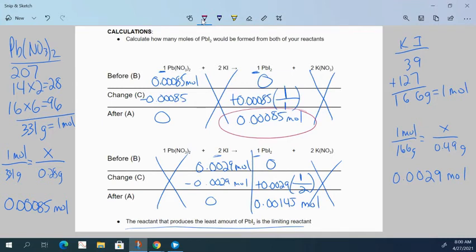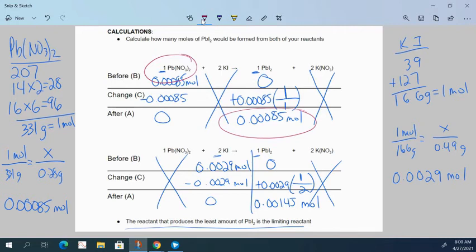So our limiting reactant, if we trace this back, is PbNO3. So we have less of that than the KI. We produce less lead iodide from the starting amounts of that. Right, in the same way as our other lab, we had the blue copper carbonate ran out.